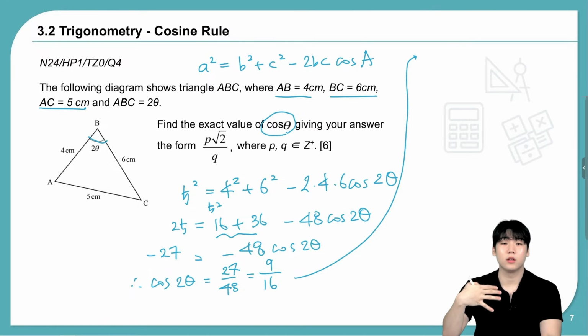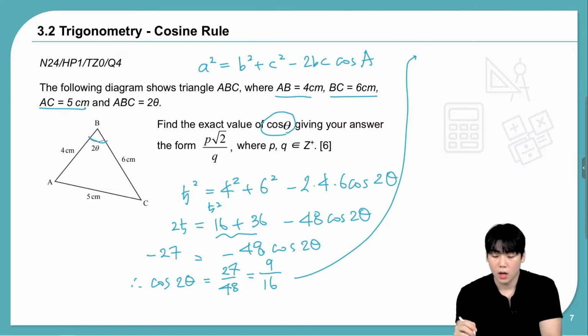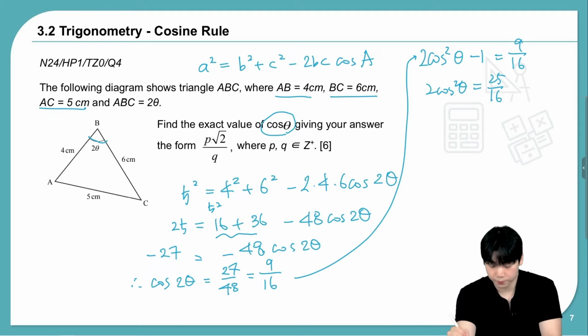So if I just continue here, this is another formula for trigonometry. We can apply the double angle formula, where cosine 2 theta is equal to 2 cosine squared theta minus 1. So that is equal to 9 over 16. So 2 cosine squared theta is equal to 25 over 16.